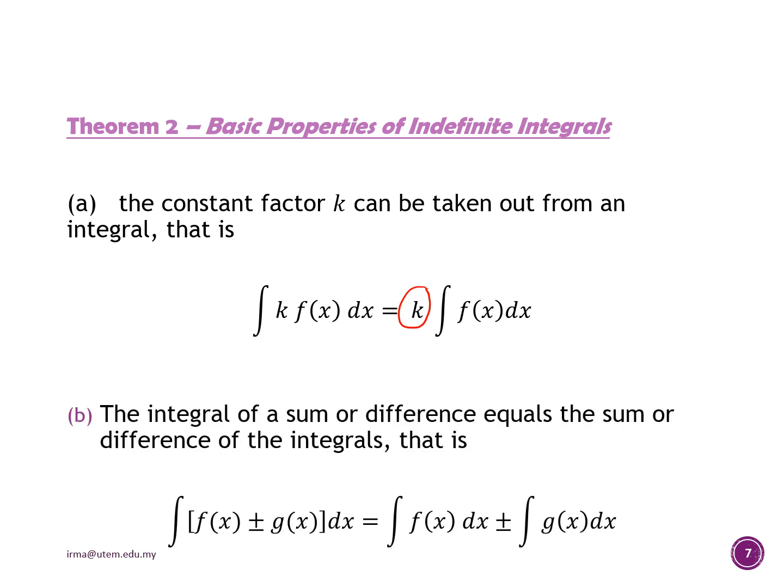Second: the integral of a sum or difference equals the sum or difference of the integrals, which means that you can split f plus g into two different integrations. So let's look at some of the examples.